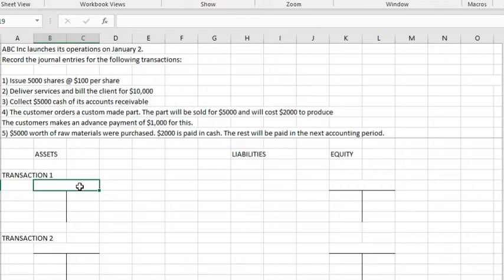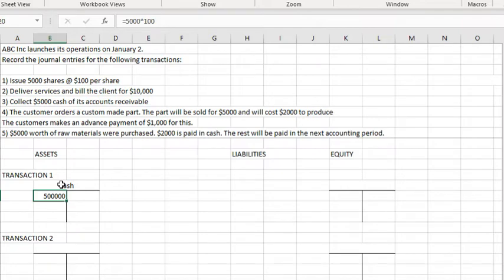ABC Inc. is launching operations on January 2nd, and they are recording the following transactions. The first transaction is issuing shares, 5,000 shares specifically at $100 per share. What's going to happen is when companies issue shares, they are going to receive cash, 5,000 shares at $100 per share.